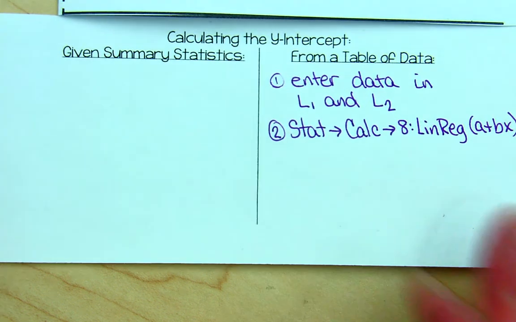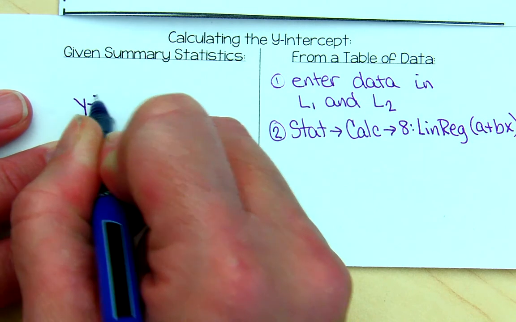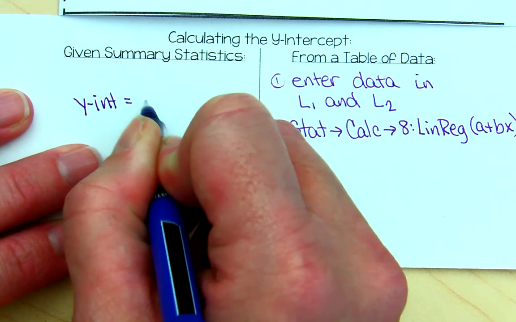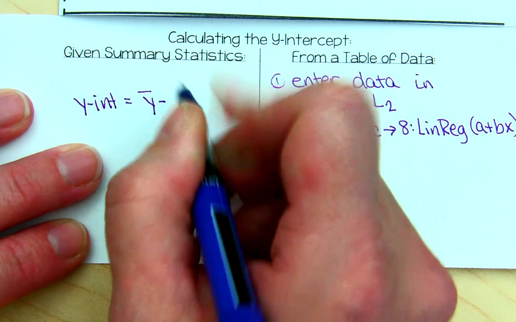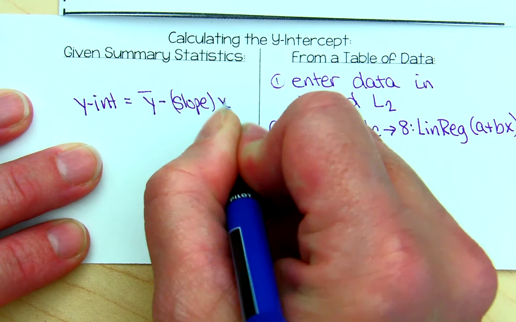Then if you're given summary statistics, then the y-intercept is equal to y bar minus the slope times x bar.